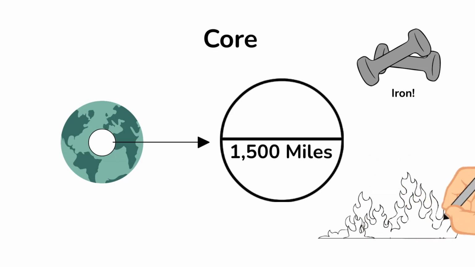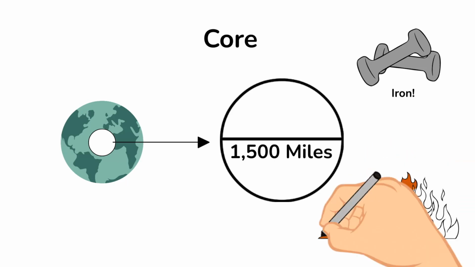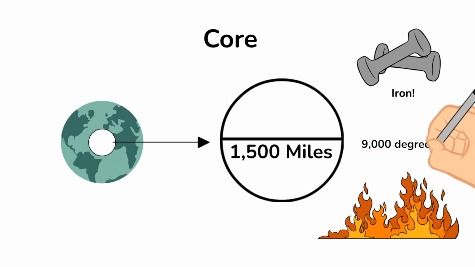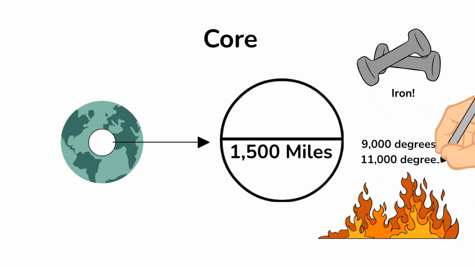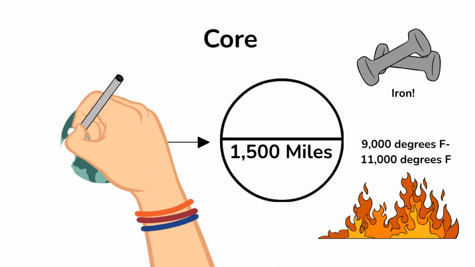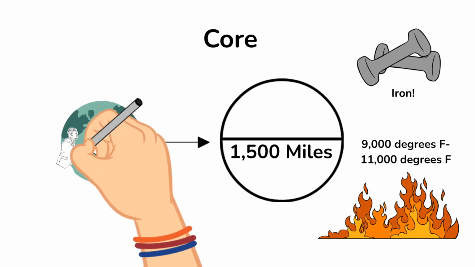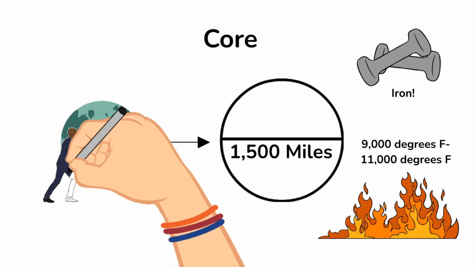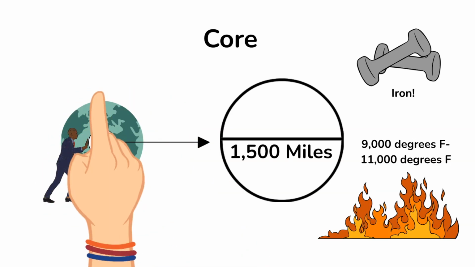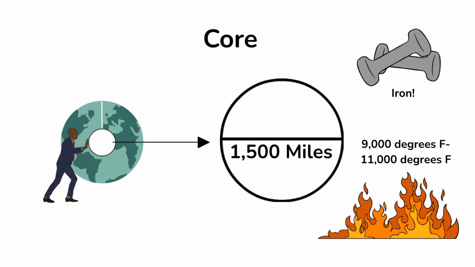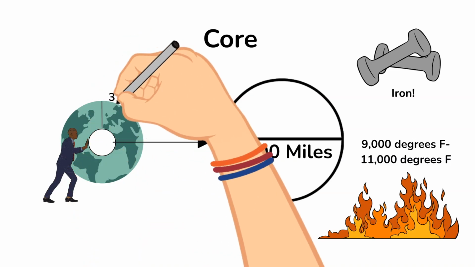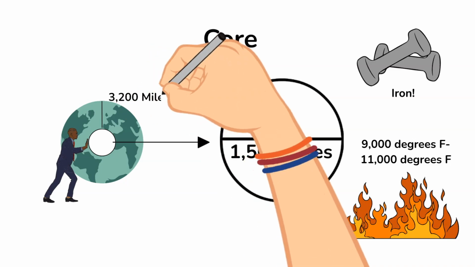That is a lot hotter than our atmosphere, 6,000 times hotter to be exact, and that makes the iron in the core melt. Now, even though it is melted, it still stays solid because of the pressure that is surrounding all of it. This core is about 3,200 miles deep into the earth.